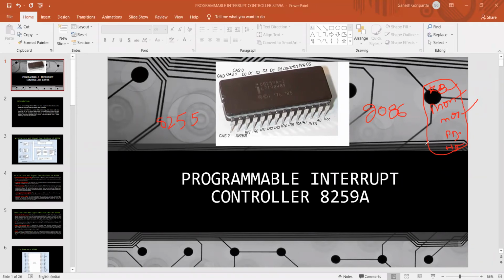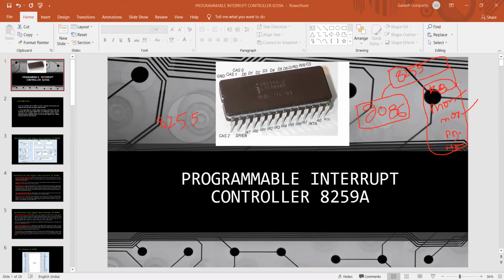These peripheral devices are connected to the 8086 through this 8255. This 8255 establishes a communication path between the 8086 and the peripheral devices, which is nothing but interfacing.